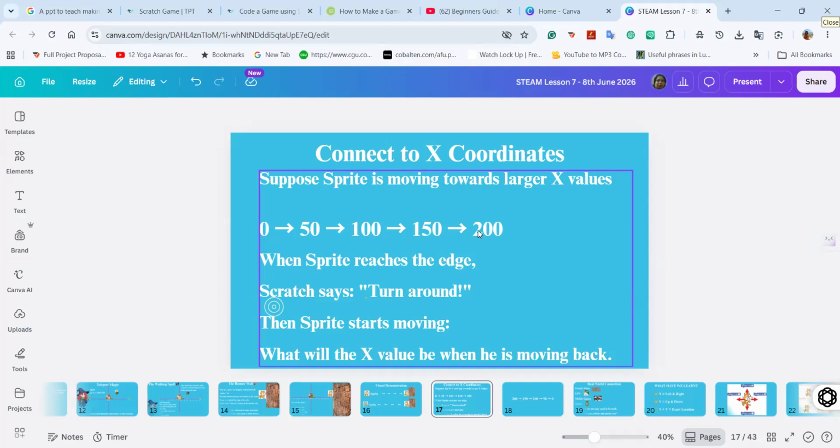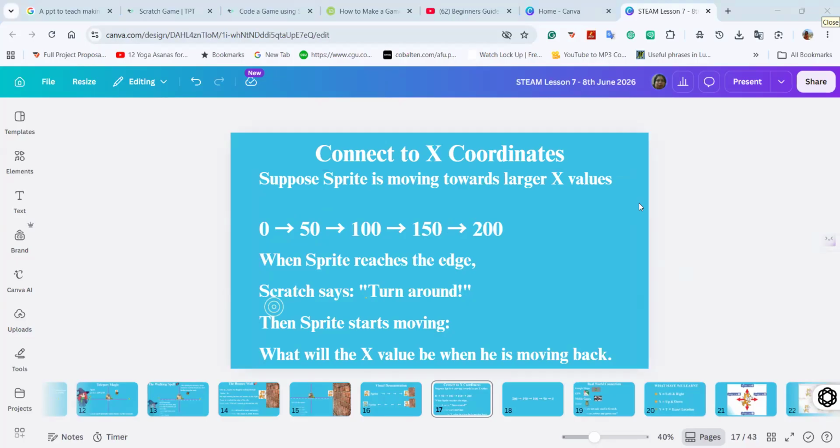Then from there to next, where it has gone back to which coordinate? It didn't go to 0 directly, no. From 200 to then 50, then 0. Yes, this is the one.